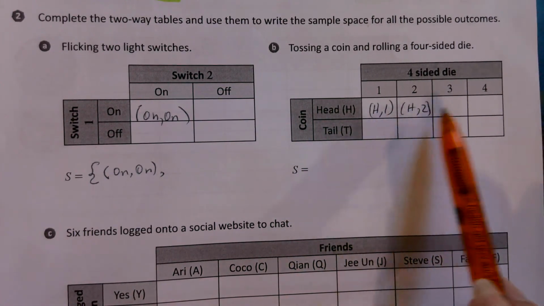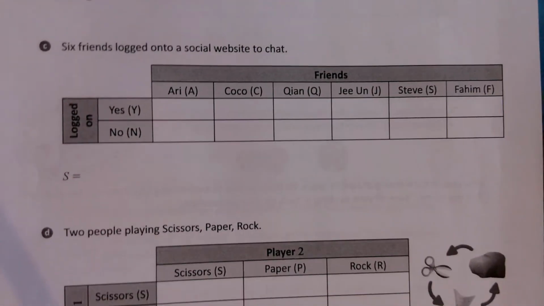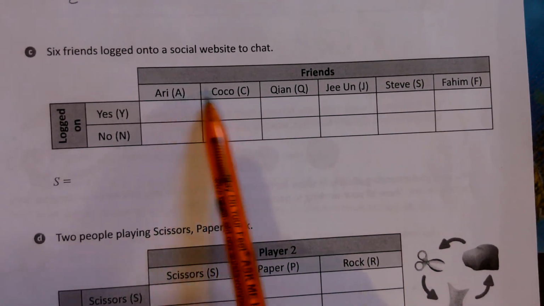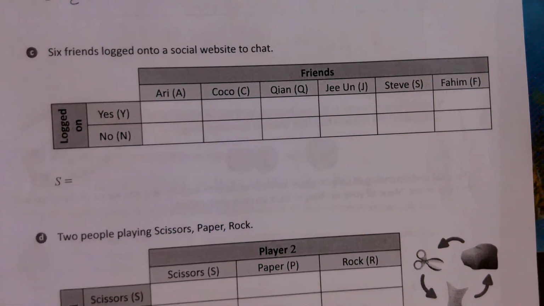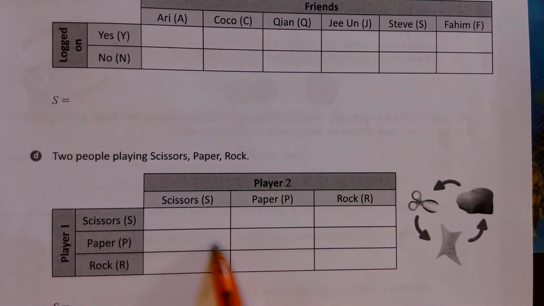There'll be 2, 4, 6, 8 possible outcomes. Getting longer and longer, but we just want you to write the capital letter, not the whole name. And this one here, there are 9 possible outcomes. So away you go.